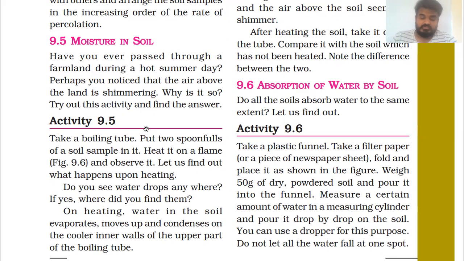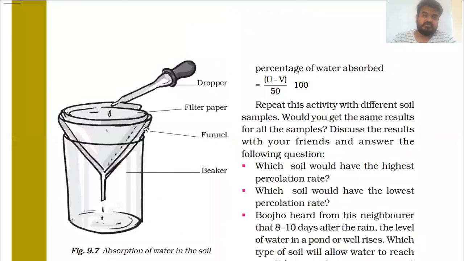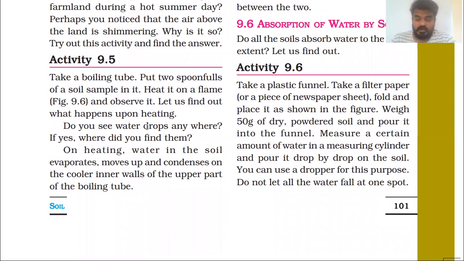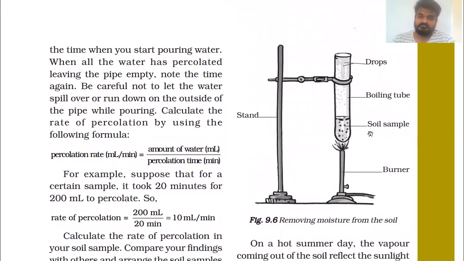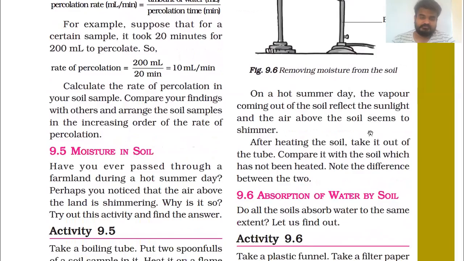Activity 9.5: take a boiling tube, put 2 spoonfuls of a soil sample in it, as given in this figure 9.6. Here they have taken soil samples.